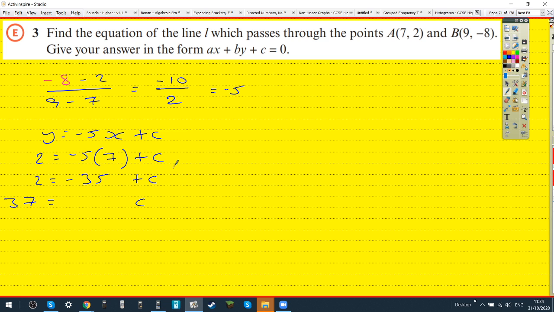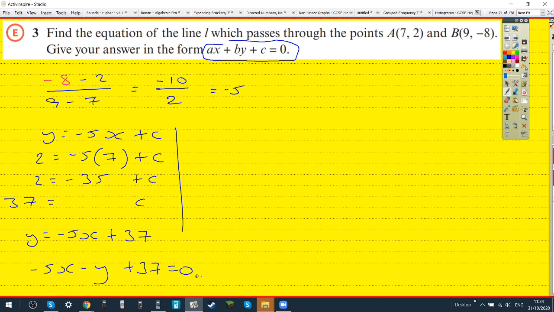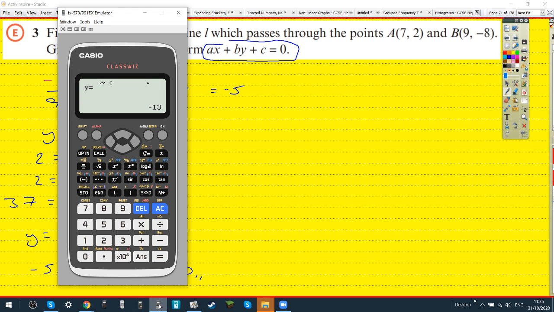So it'd be y equals minus 5x plus 37. Yep, and they wanted it in this form for some reason. So then you minus y on both sides, so it'd be minus 5x minus y plus 37 equals 0. They seem to be building up to that, because usually they'd only put it into the equals 0 form if it's a fraction.